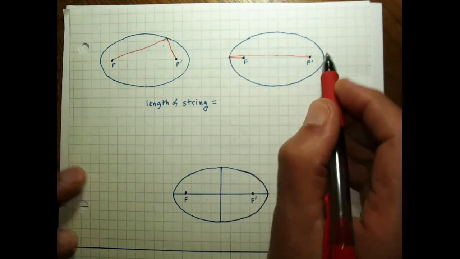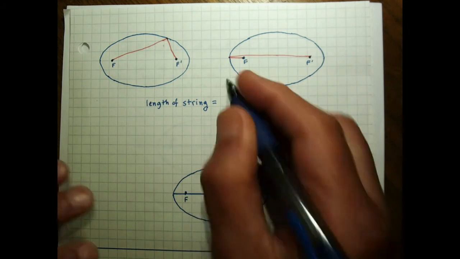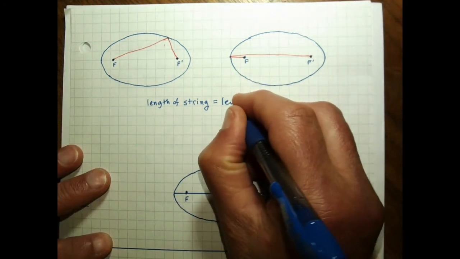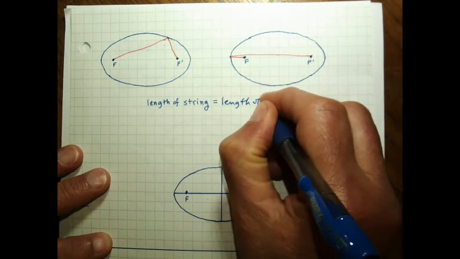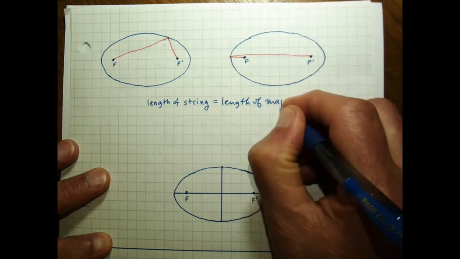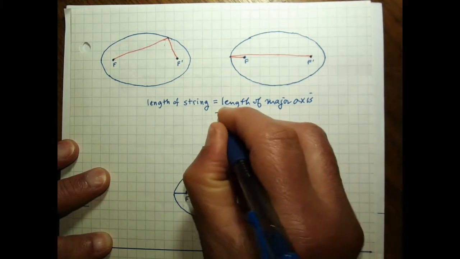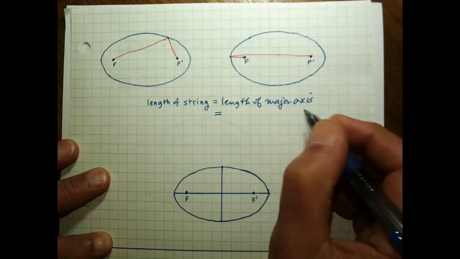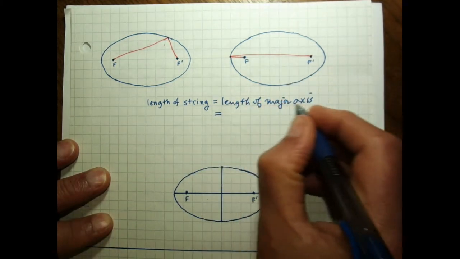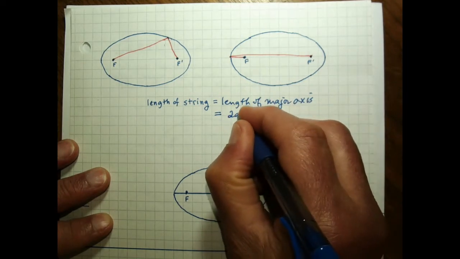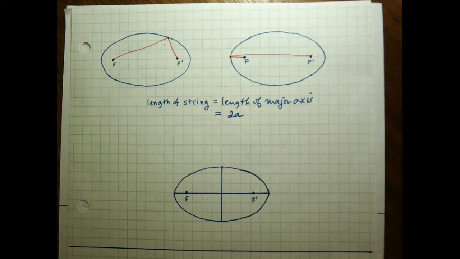So the total length of string, you should be able to convince yourself, is equal to the length of the major axis. And since half of the major axis we're calling A, the total length of the major axis is 2A, two of those.